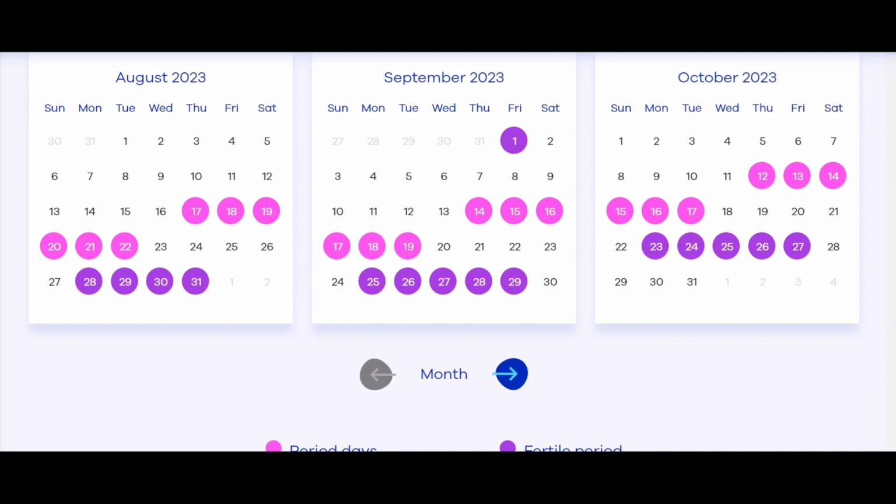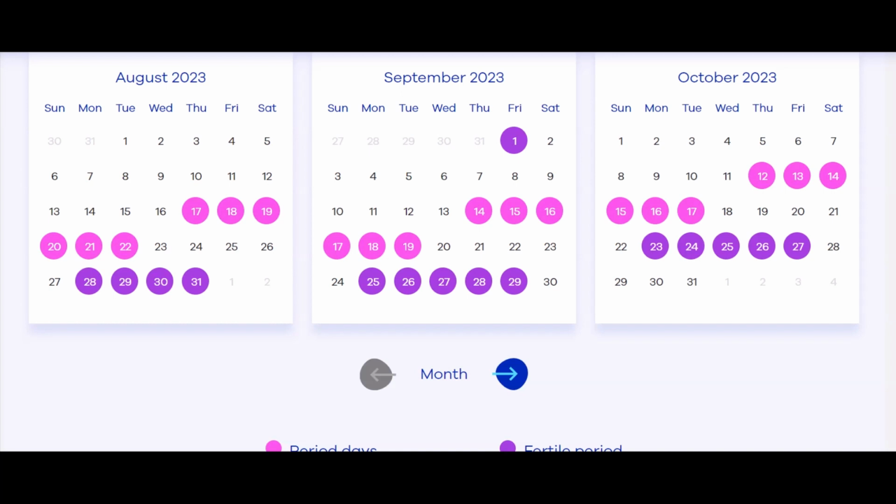Now, this is very interesting, and this is because from the first day of the menstrual flow, from the first day of normal menstrual flow, which is the 17th, to 14 days after this day is the day of ovulation.